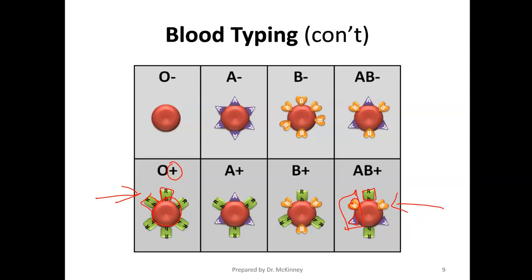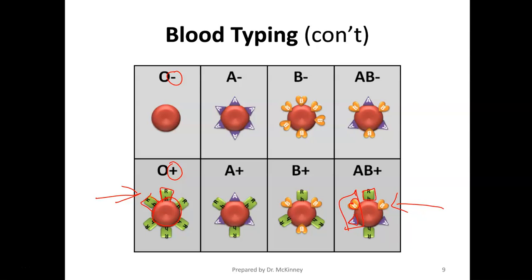Now, all that negative means is that there is no RH antigen on the cell membrane. So type O doesn't have A antigens, they don't have B antigens, and if they're O negative, they don't have any RH antigens. So they are O negative.